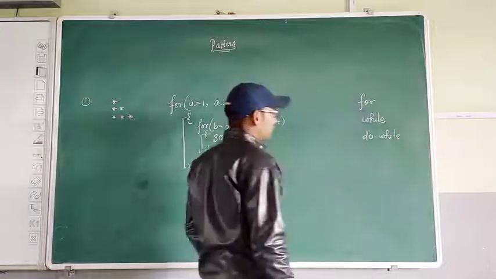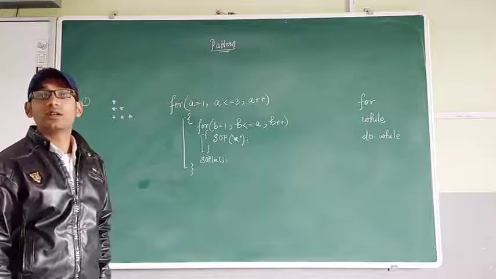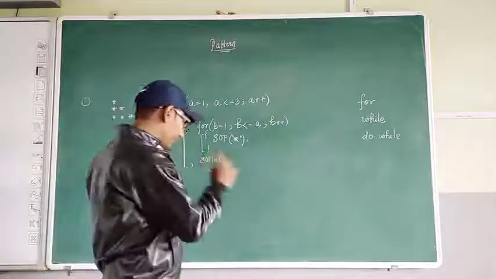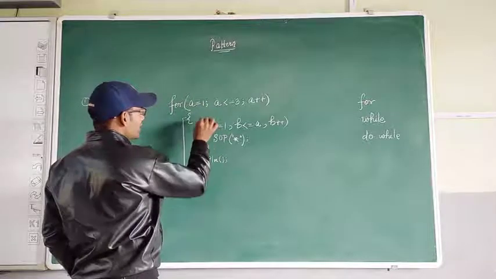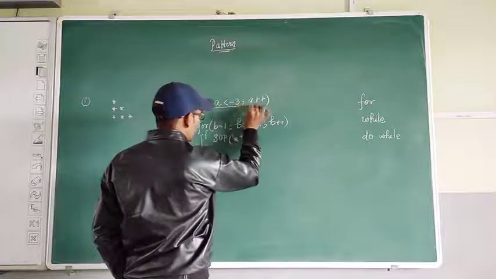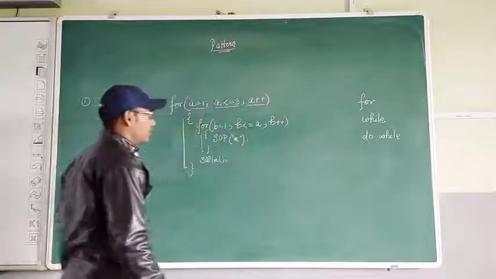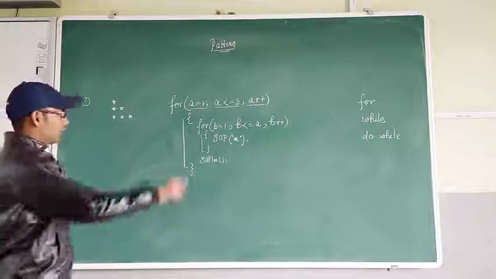Correct? Now, in this case, I have utilized for loop. You can visualize there are three parts. What are those?